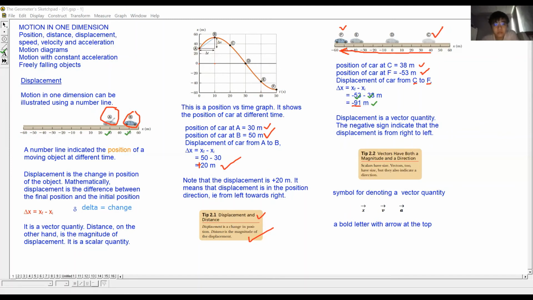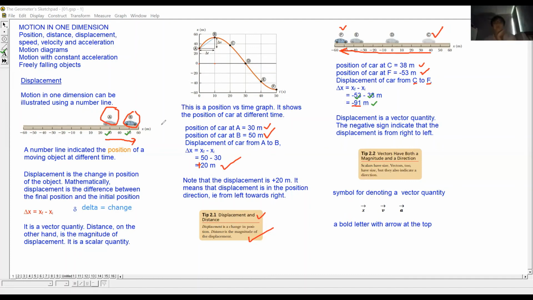Now back here from A to B, can you see the first number line? From A to B, is this from left to right or right to left? Left to right, so it's moving towards the right.